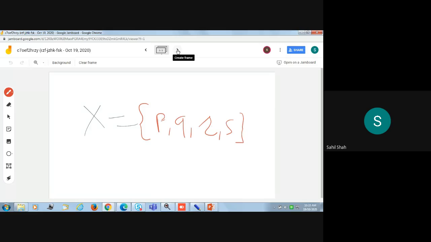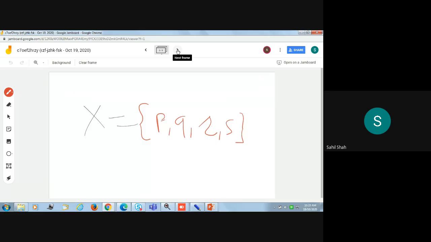Second, if I take the intersection of any two disjoint blocks, it should be phi. And third and foremost, the union should result in the original set. Okay. So this is one. And the second one you should also solve.